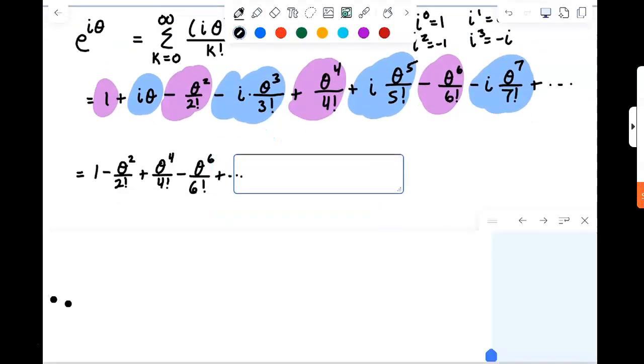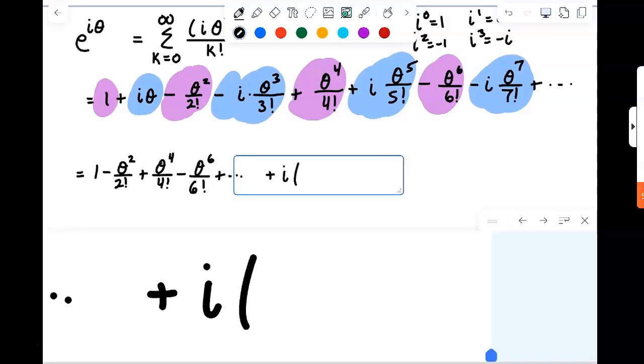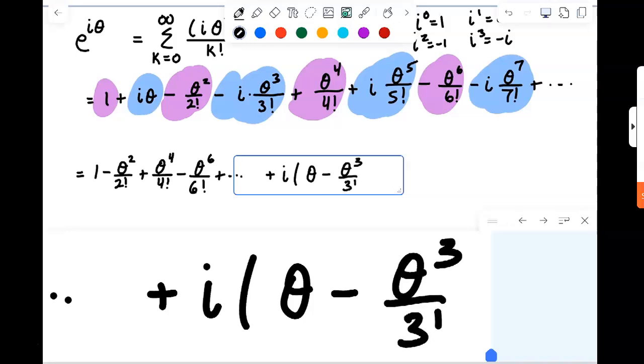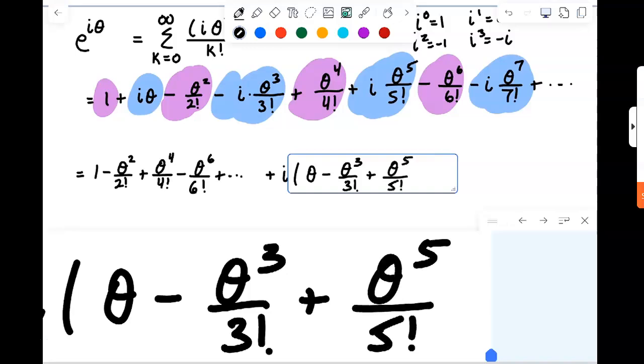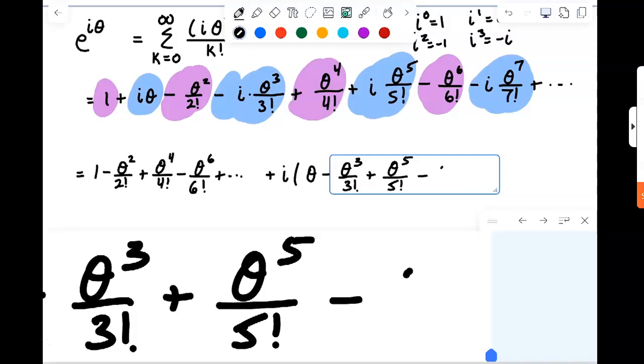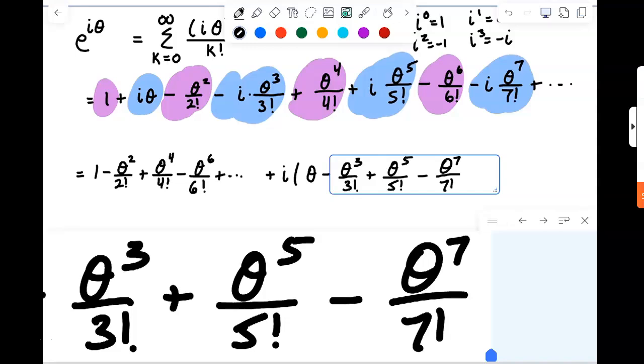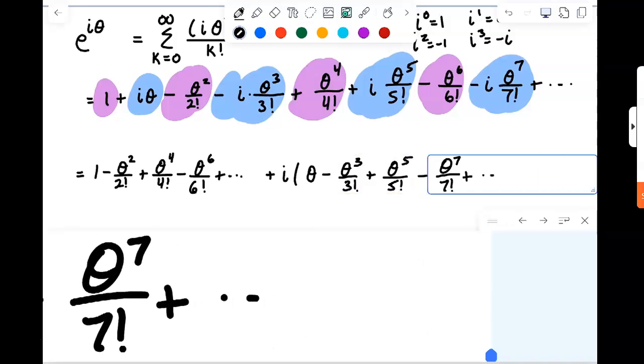So I can say we have that stuff plus that, and then plus i times theta minus theta cubed over 3 factorial plus theta to the 5th over 5 factorial minus theta to the 7th over 7 factorial plus, and so on as well.